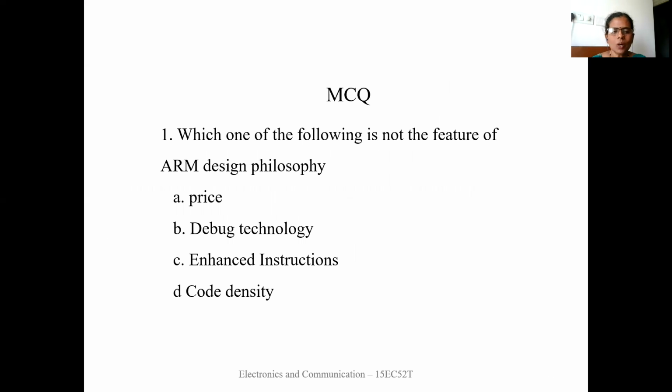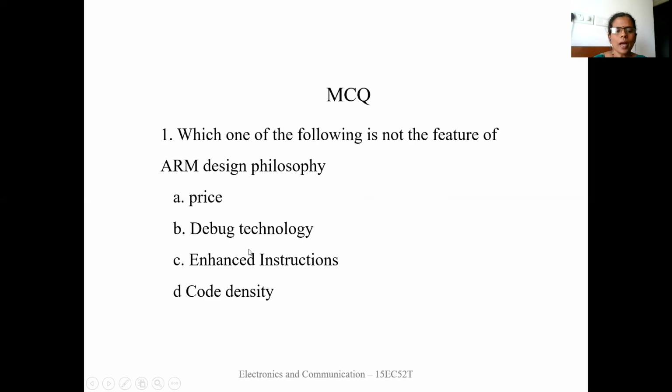After studying all these things, now we'll solve some multiple choice questions. The first question is, which one of the following is not the feature of ARM design philosophy? Four options are given: price, debug technology, enhanced instructions, and code density.